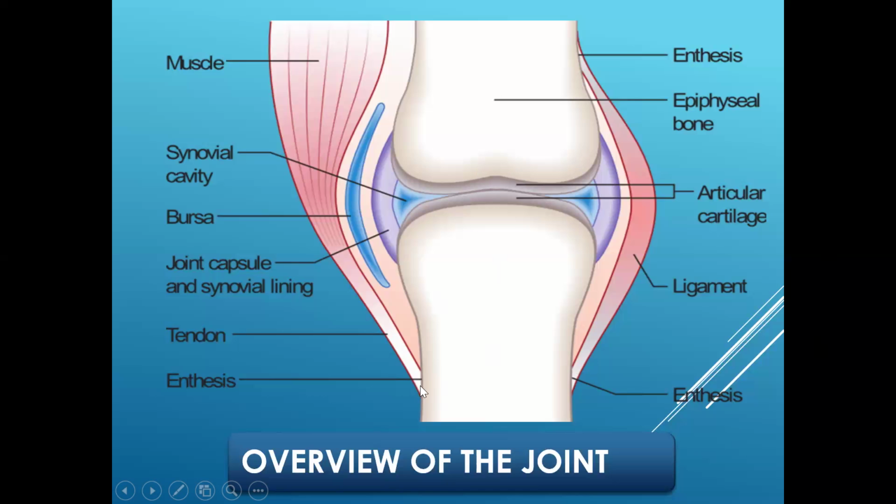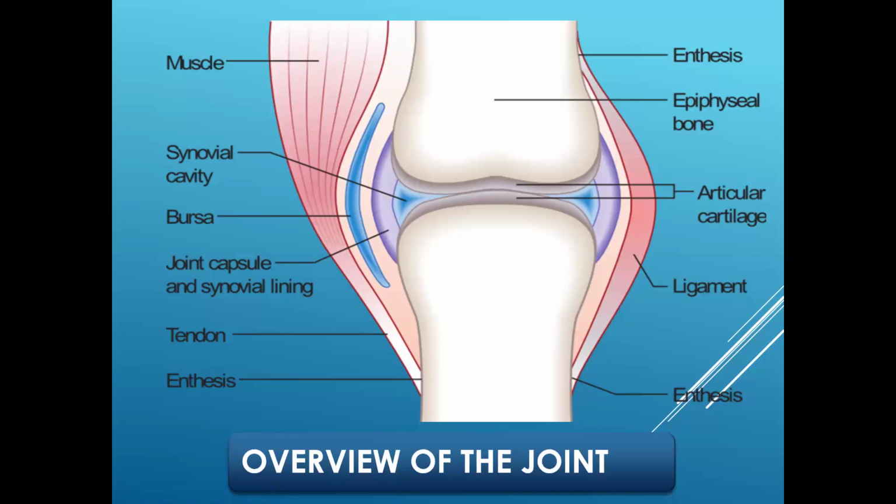Where it attaches to the bone is known as the enthesis. So this is a perfect example of a tendon attaching to the bone via the enthesis, and this is a perfect example of ligaments attaching to the bone via the enthesis. So the enthesis is very important because it provides the opportunity for attachment of the ligaments or tendons to the bone.